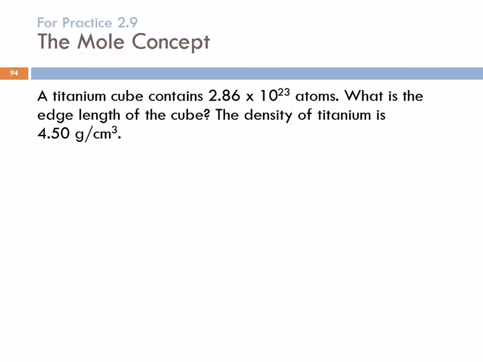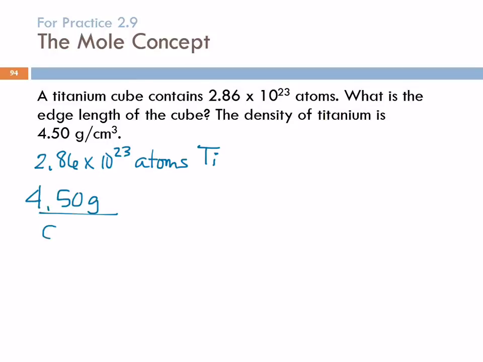So let's take our numbers and write them down. I've got 2.86 times 10 to the 23 atoms. What element is this? Titanium. So this is Ti. And then it gives me a density, 4.50 grams per cubic centimeter.